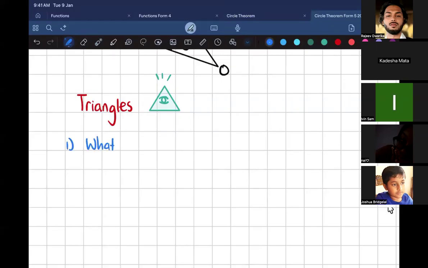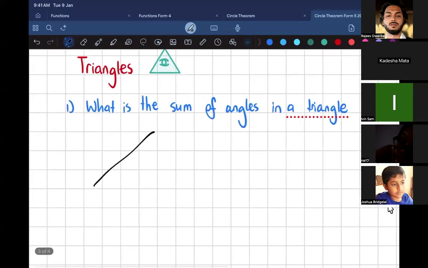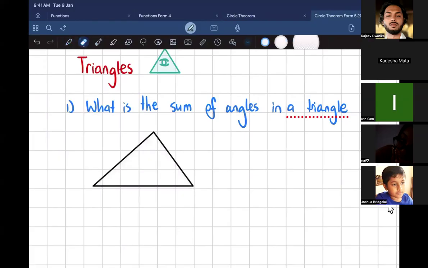What is the sum of angles in a triangle? Does anybody know? 180 degrees.